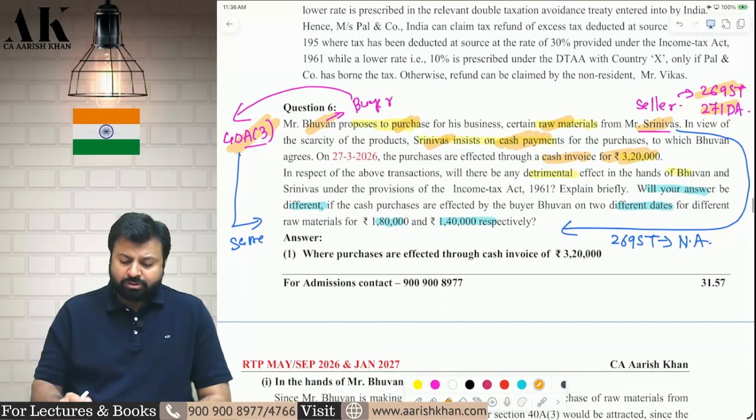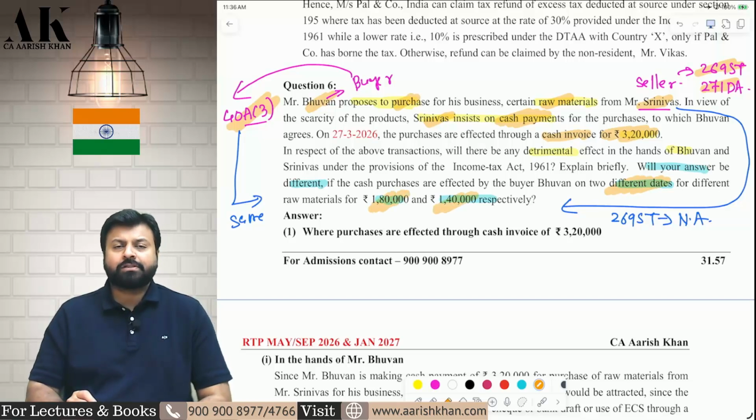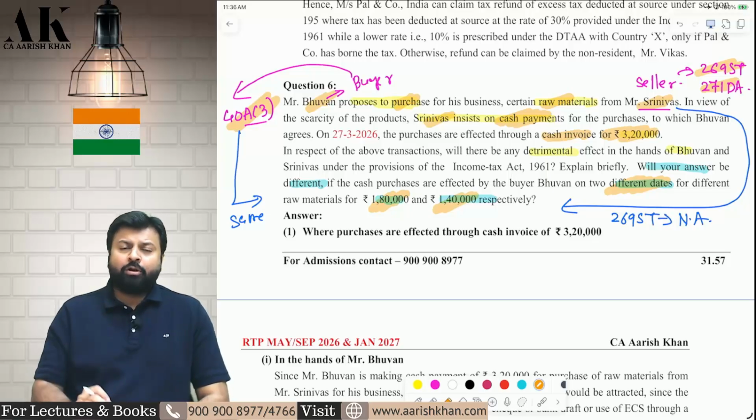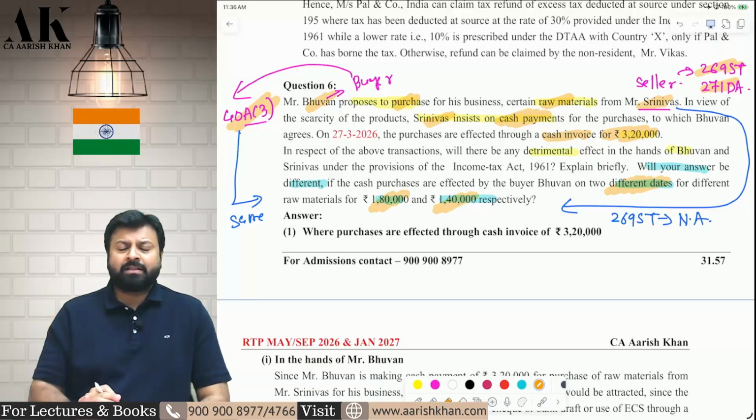Now the second part of this question. Will your answer change if purchases are done on two different dates, 1,80,000 on a separate invoice and 1,40,000 on a separate invoice? In the hands of the buyer, no effect will change. Nothing will change. The buyer will be subject to disallowance of the entire amount, because for the buyer, more than 10,000 rupees in a day should not be paid other than by the 4 modes.